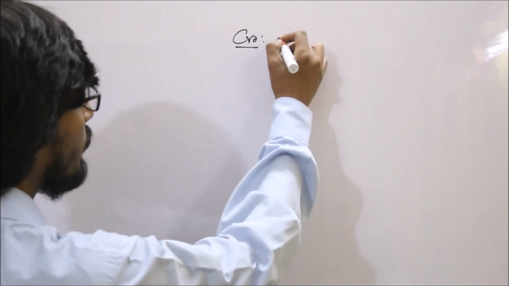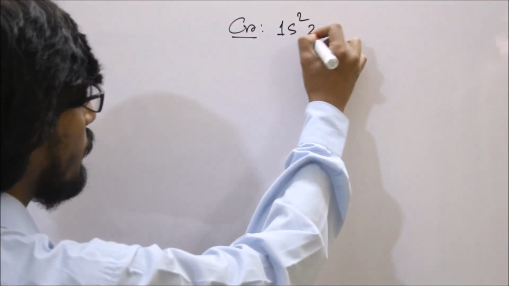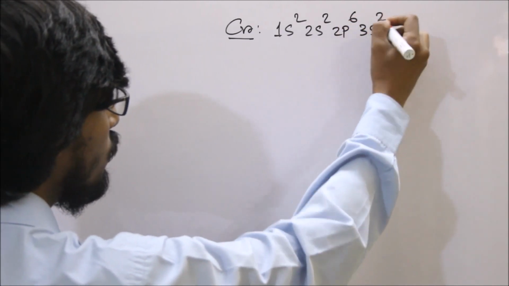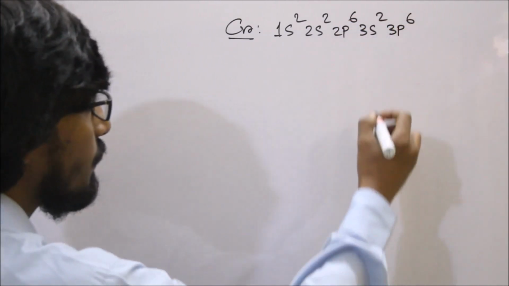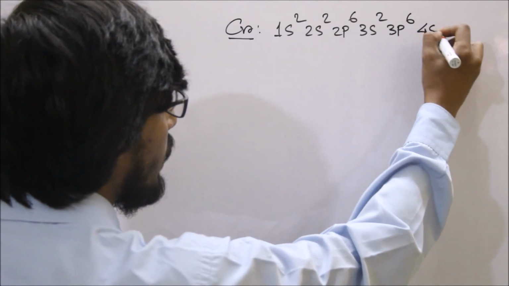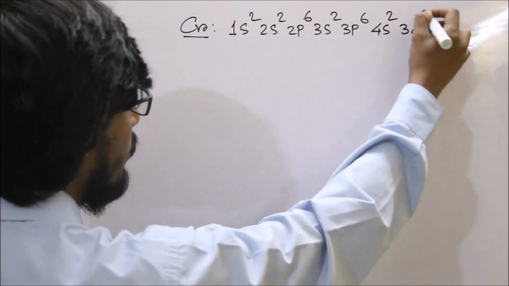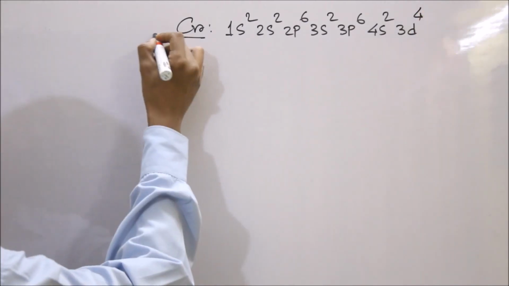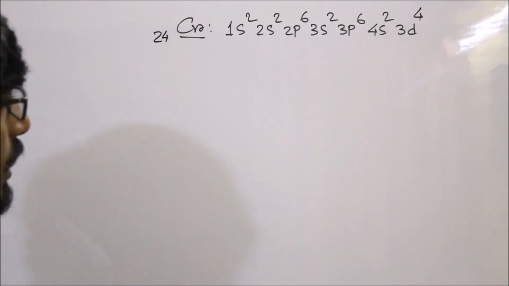It is expected that the chromium atom has the electronic configuration 1s2, 2s2, 2p6, 3s2, 3p6, 4s2, 3d4, because the atomic number of chromium is 24.